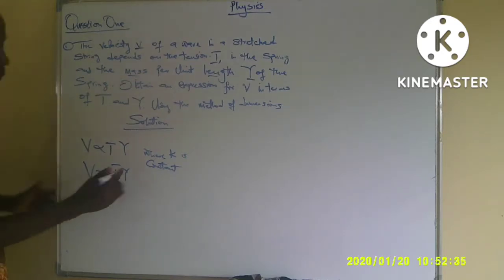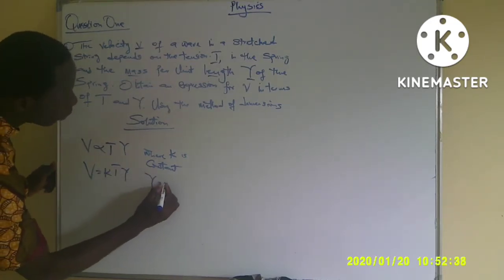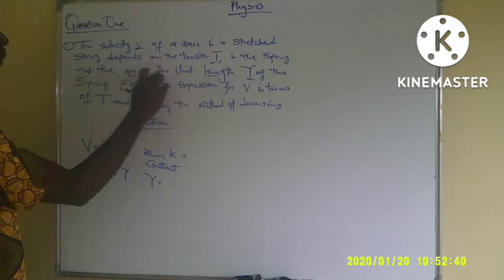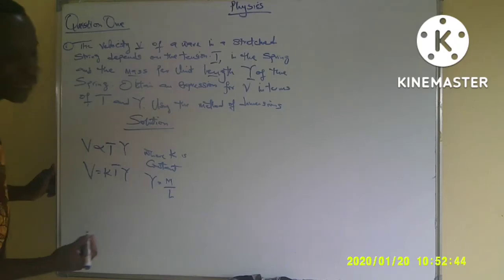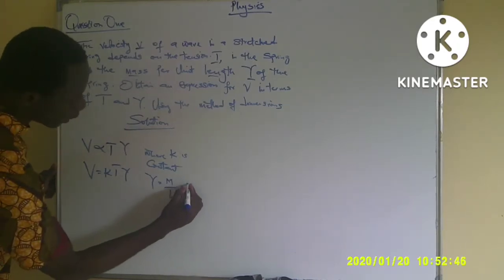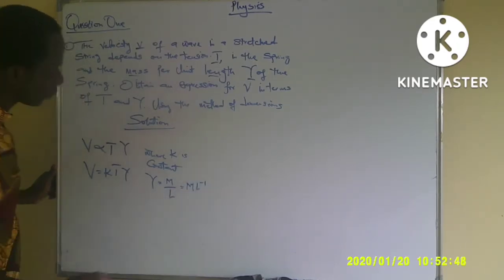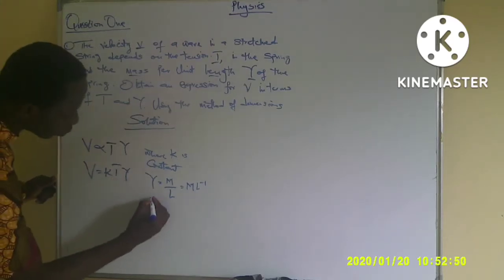But don't forget that this mu is mass per unit length, which is M over L, so it can be written as M L minus 1.